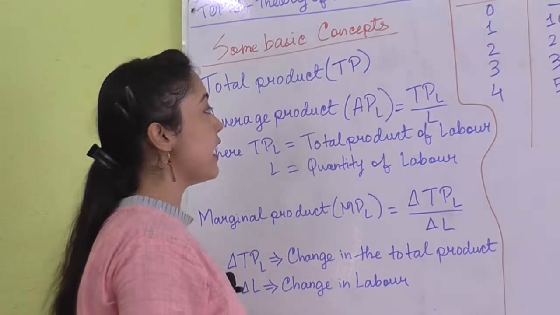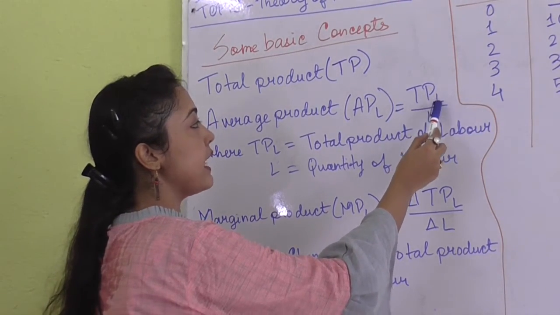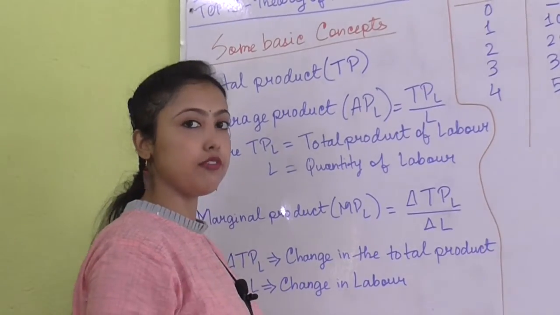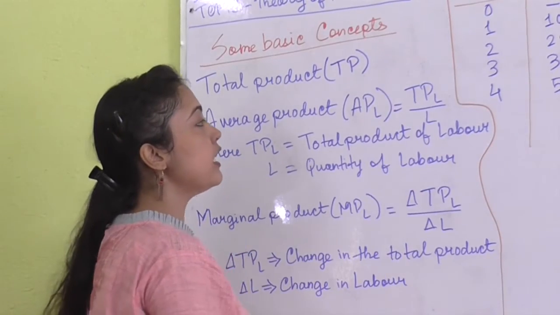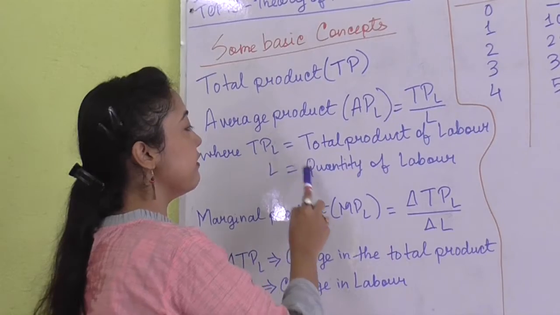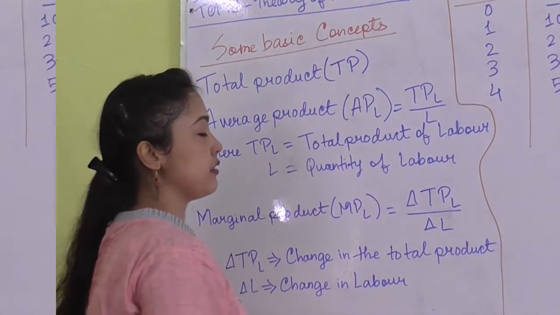We get the average product by dividing the total product of labor, TPL, by the quantity of labor. In this way, we will get the average product.